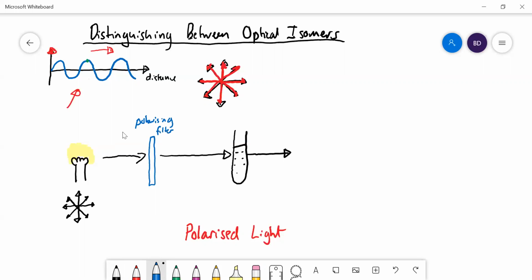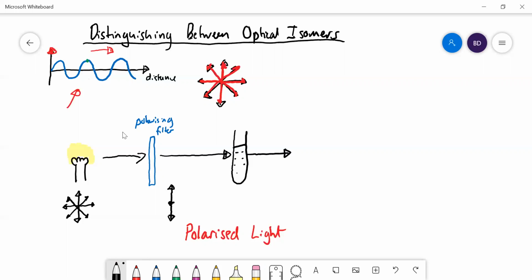If you get Polaroid sunglasses, the filters they have in them are actually polarizing filters. Once the light has gone through the polarizing filter, it cuts out all of the directions of vibration of the light waves except for one. It just allows one direction of vibration. I've drawn the ones there in the up and down, the vertical. So this light wave is now passing through the polarizing filter.